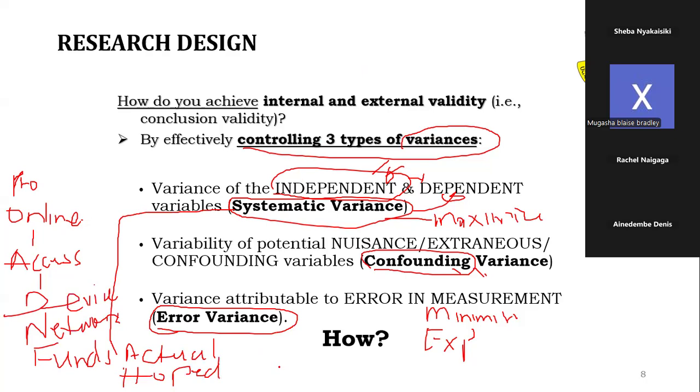The error variance is what we hoped for, subtract the actual. If we want to minimize the error variance, we want to get as close to what we hoped for as possible. Do we make sense there?